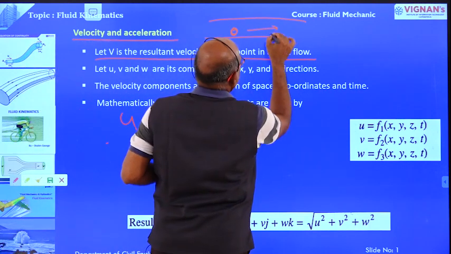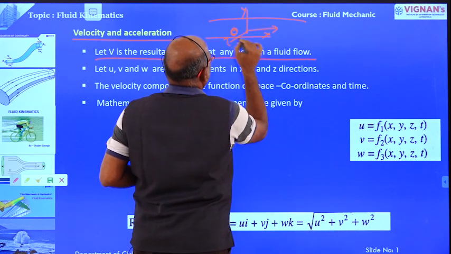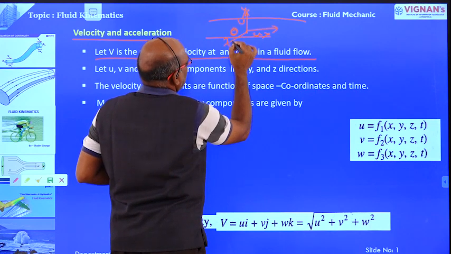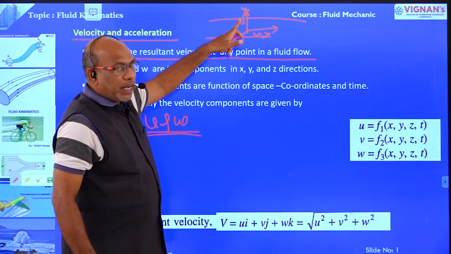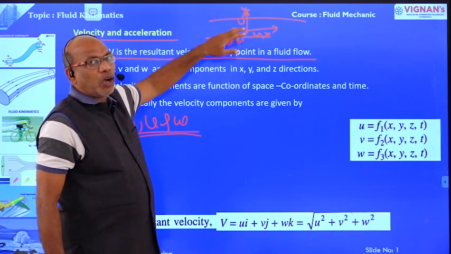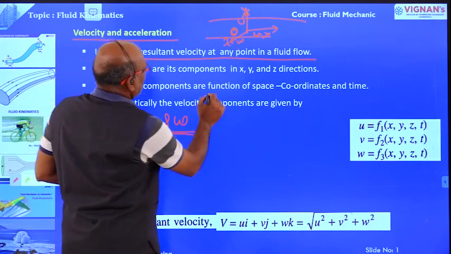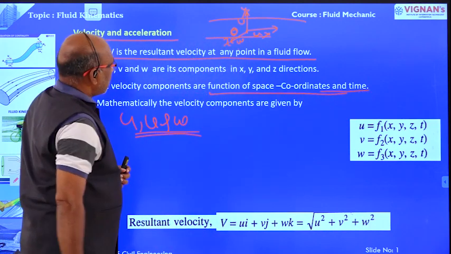That means this is the x direction, this is the y direction, this is the z direction. u is the x direction velocity, v is the y direction velocity, w is the z direction velocity. Then the velocity components are functions of coordinates and time.